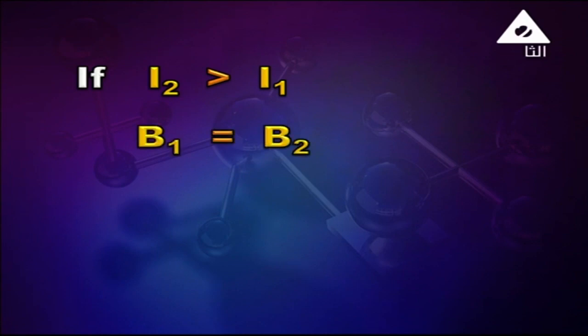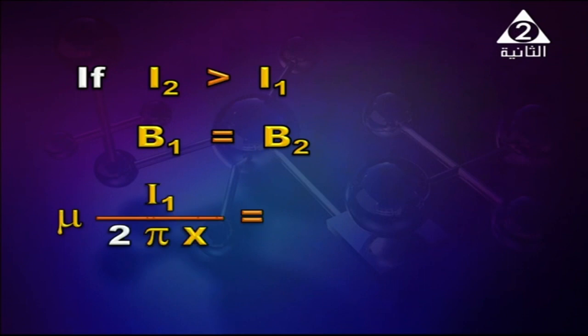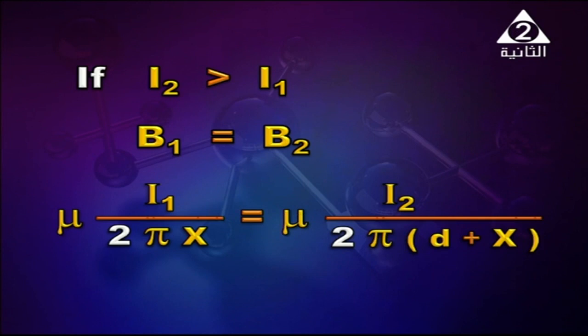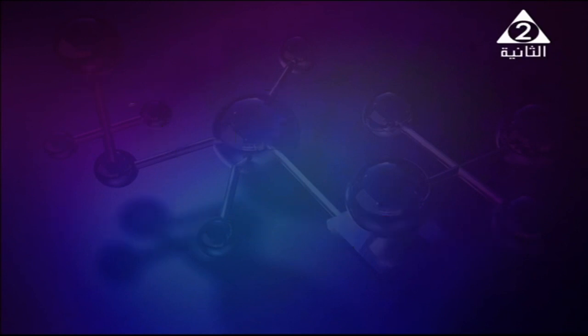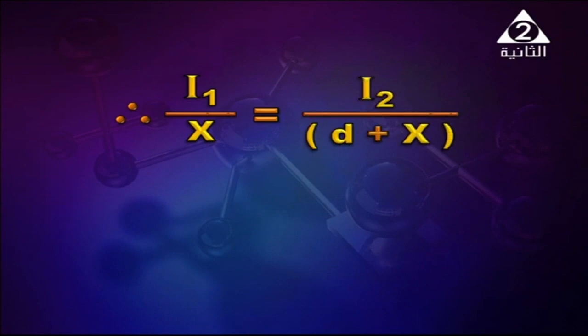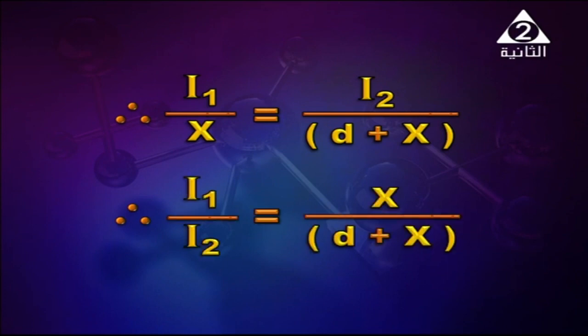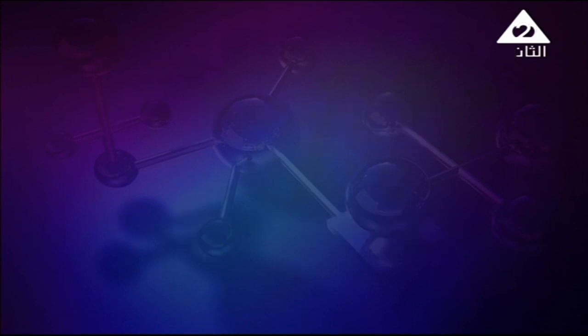B1 is equal to B2, so mu I1 over 2 pi x equals mu I2 over 2 pi, and instead of d minus x, it will be d plus x. We do the same: I1 over x equals I2 over d plus x. So we can say I1 over I2 equals x over d plus x.